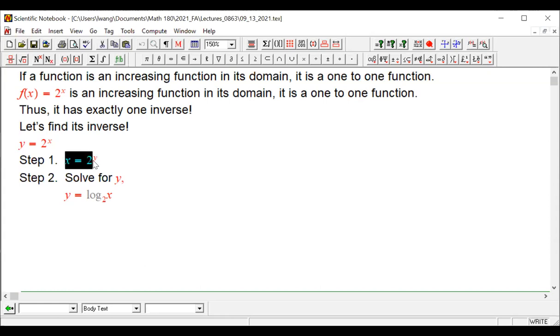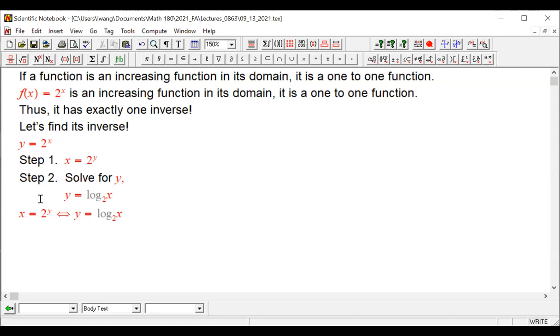Okay, so let's bring these two together. We're going to see the definition. You can see that there are a lot of interesting facts along the process.